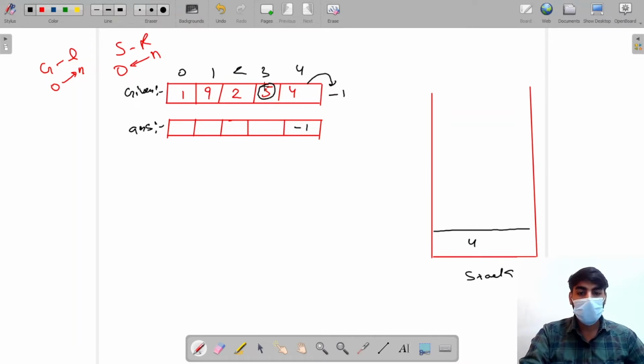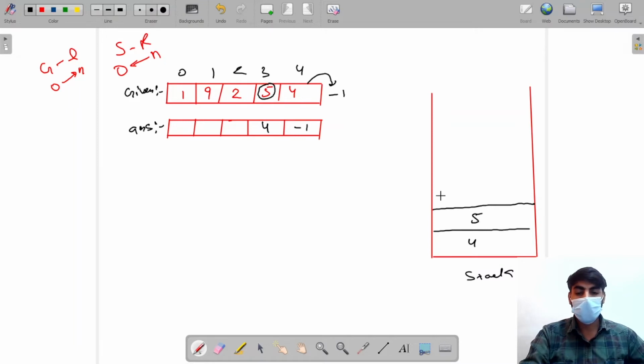If our number is greater than the number present on the top of our stack, firstly we add that number in our array and then push that number in our stack.